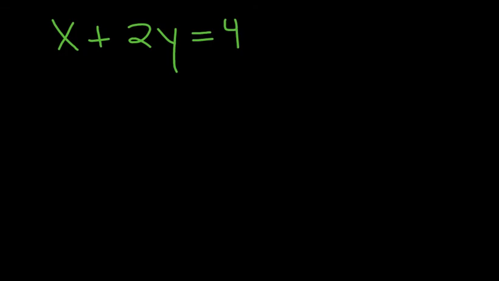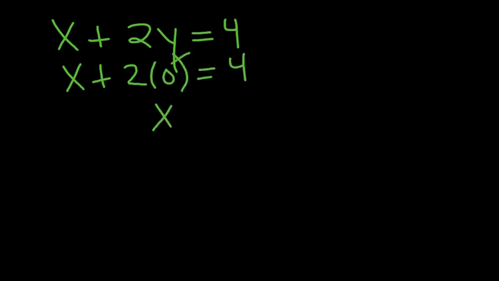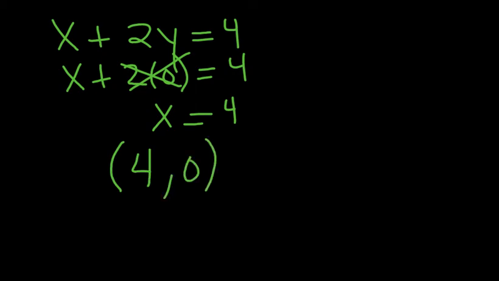Graph this using intercepts. Okay, let's put 0 in for y. When we put 0 in for y, we get, because that's just 0, x equals 4. So that would be the point 4, 0. How do I know the 4 comes first?